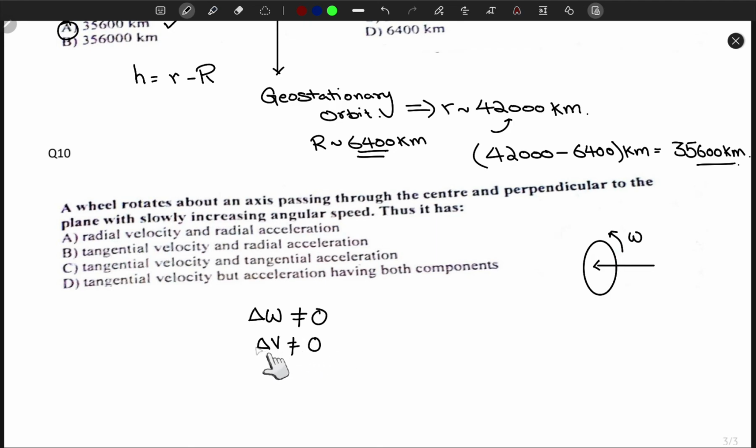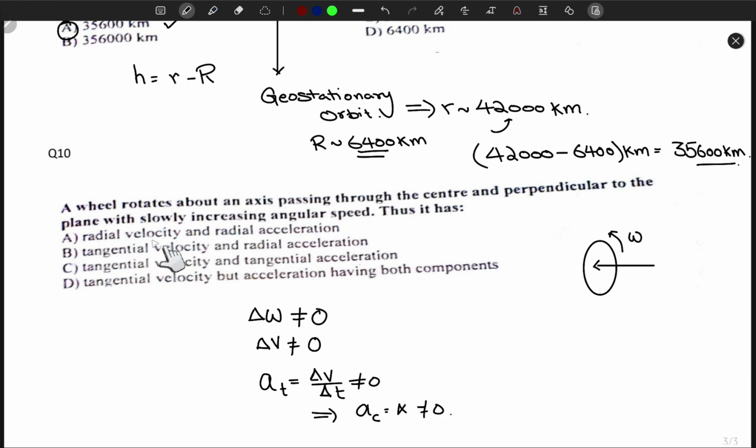At different points, there will be different linear velocity on the circle, and so that means that the tangential component of acceleration, which is delta v by delta t, is not zero, which means that the centripetal or the angular acceleration is also not zero. And that's because this wheel is rotating or revolving in a circle. Hence, the angular acceleration cannot be equal to zero.